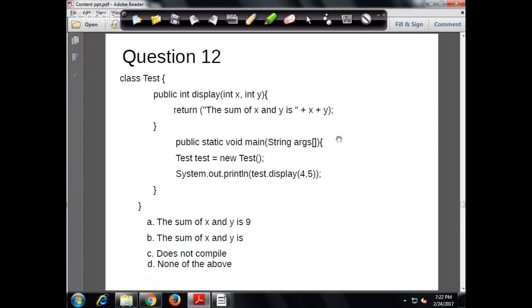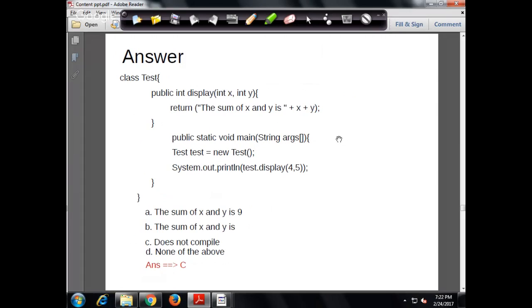Okay, so let me quickly show the answer to this question. And yes, it has been guessed correctly by many of you. The answer is C, does not compile. So let me explain how this is the answer. It's pretty simple. If you see in this method, the value being returned is a string. But in the declaration, the return type is declared as int, and this is not allowed, right?